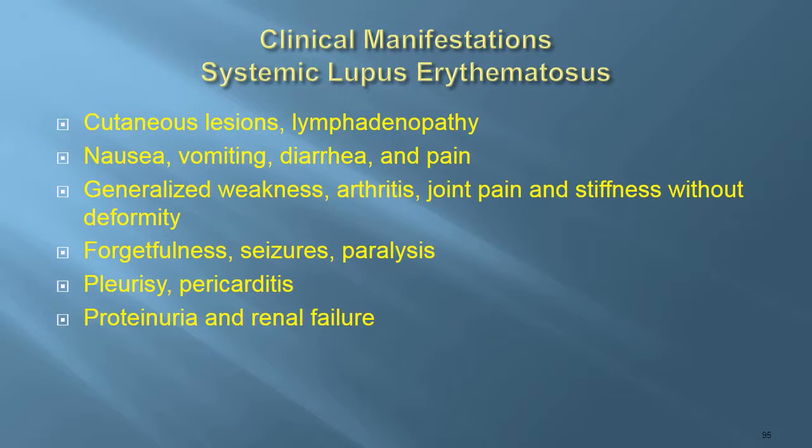Clinical manifestations of SLE include cutaneous lesions, lymphadenopathy, nausea, vomiting, diarrhea, and pain, generalized weakness, arthritis, joint pain and stiffness without deformity, forgetfulness, seizures, paralysis, pleurisy, pericarditis, proteinuria, as well as renal failure.